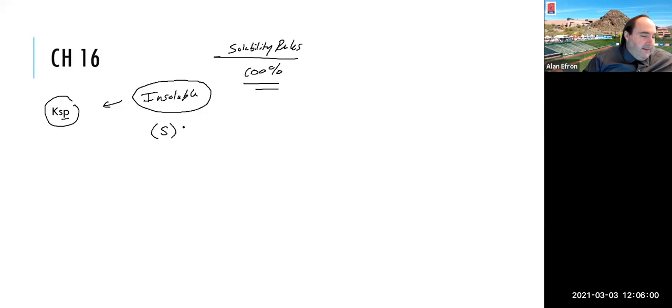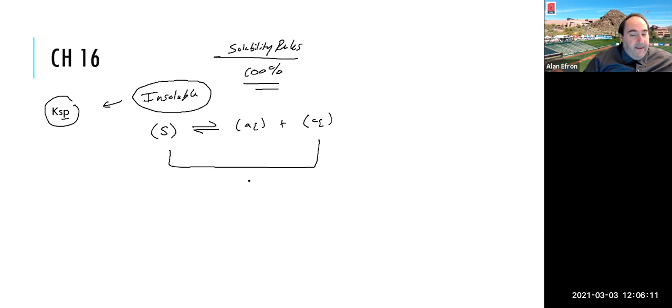So even though things are solid, they can actually break apart into ions. And this is really the basis of KSP. These KSP reactions are written with the solid going to ions on the product side. So this is typically how we see these reactions written.